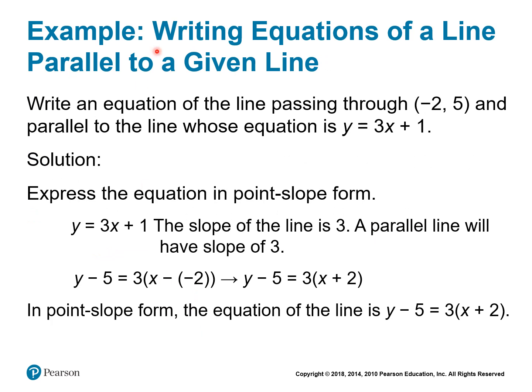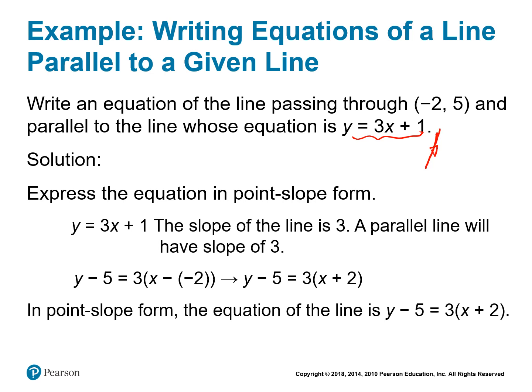Now here we are told how to write equations of a line parallel to a given line. So it says here, write an equation of the line passing through -2, 5 and parallel to the line whose equation is y equals 3x plus 1. So they have given us the equation of one line, which is y equals 3x plus 1.